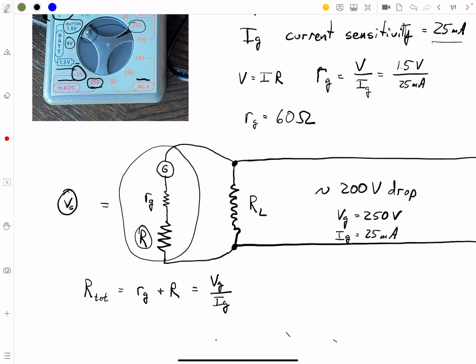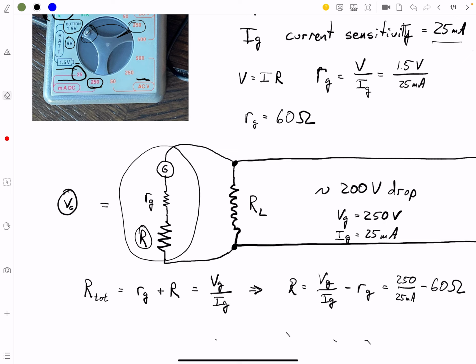We can solve this equation for R, the big R, and we can find that R is equal to our VG over IG minus RG. That turns out to be 250 over 25 milliamps minus our 60 ohms.